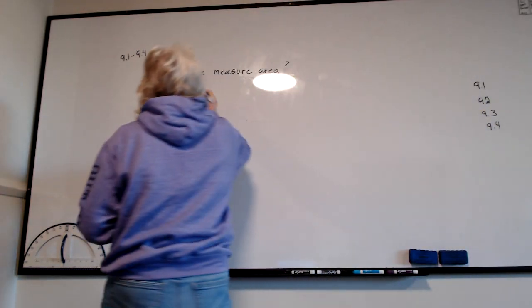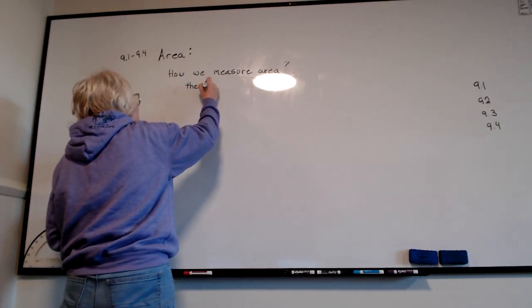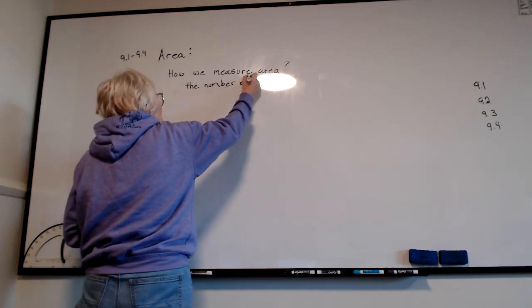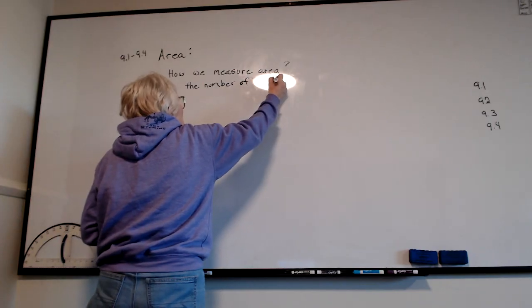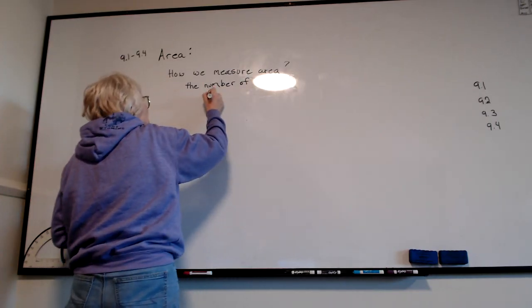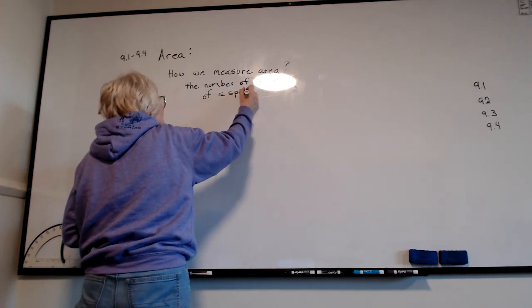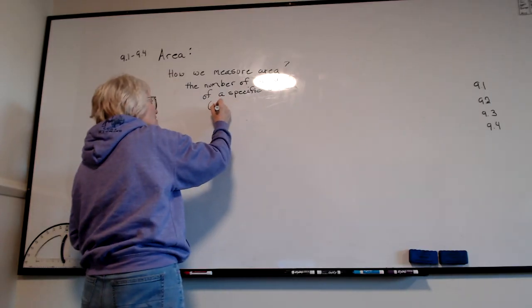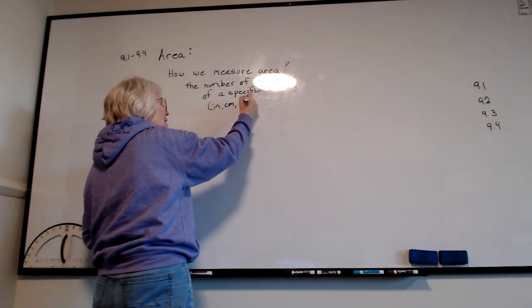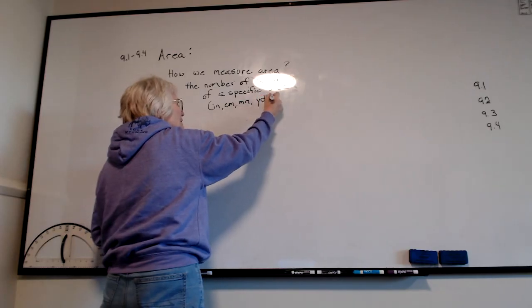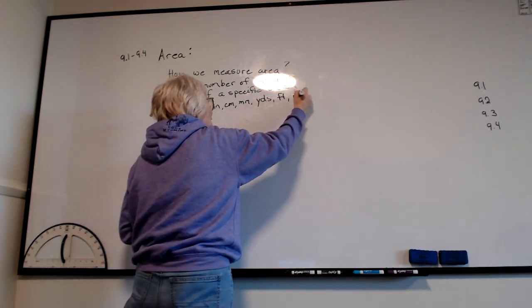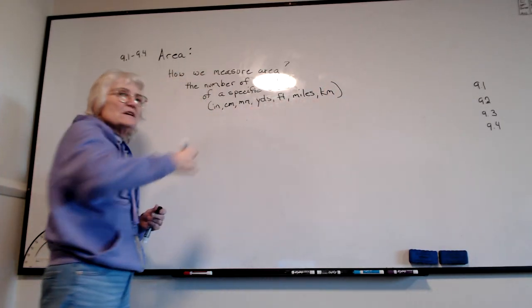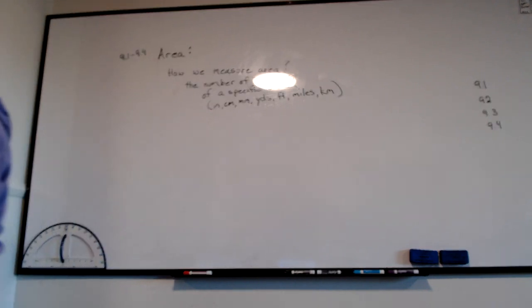So we're looking for the number of squares of a specific size, and those sizes can be inches, centimeters, millimeters, yards, feet, miles, kilometers, all sorts of different measurements that we can put in, okay?